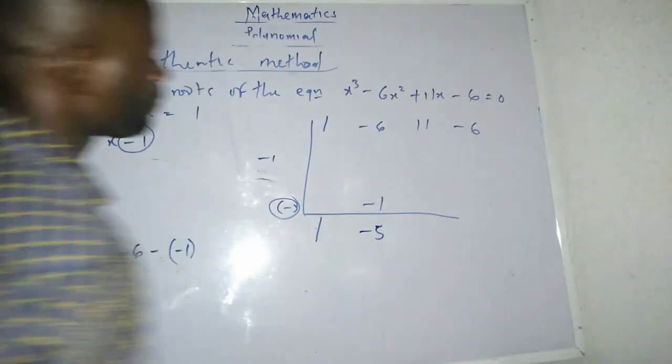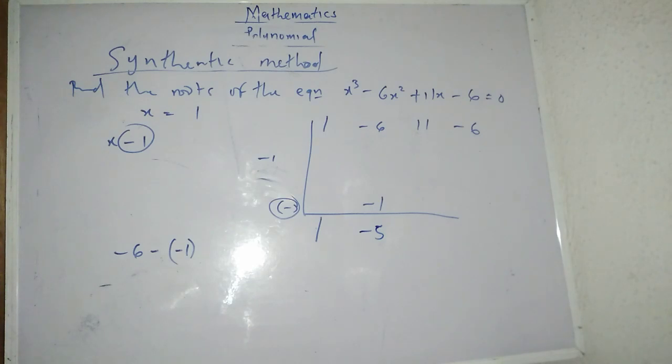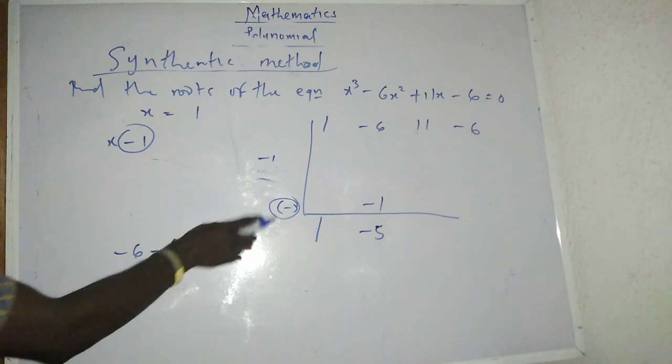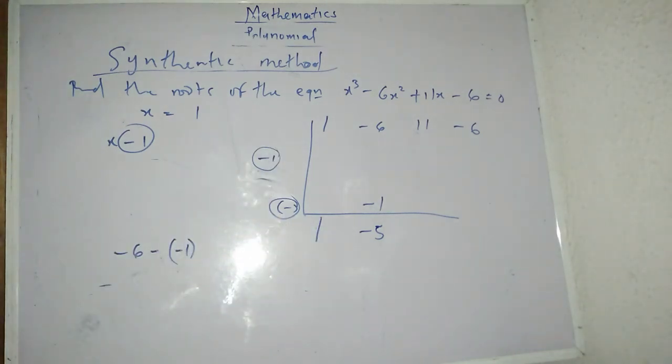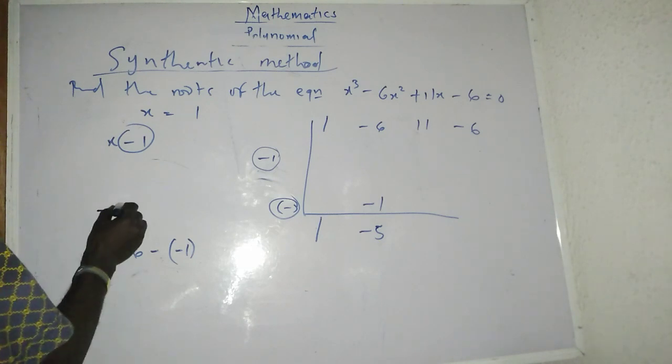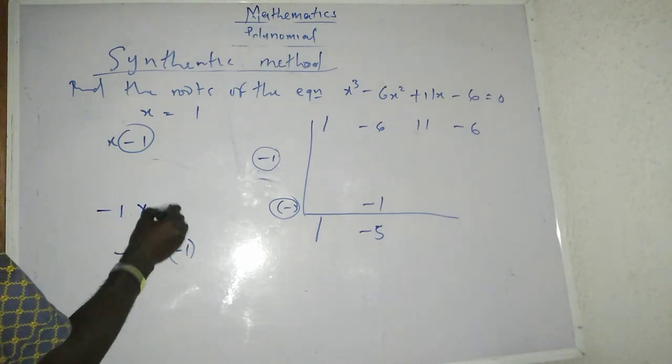I will write my minus 5 there. Now, I will move on to the next one, this 1 times my minus 5.